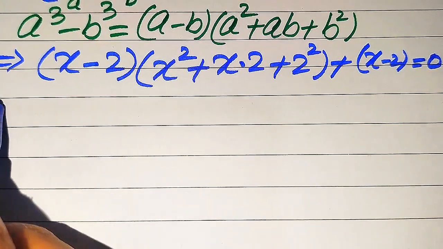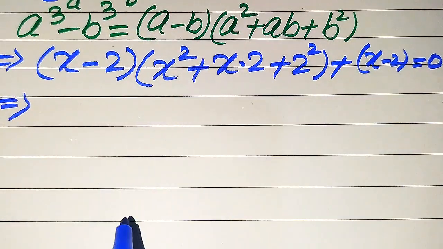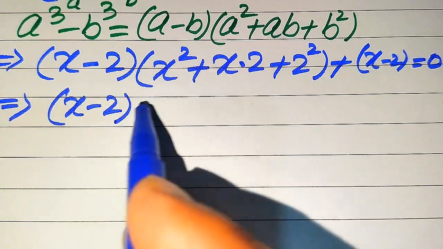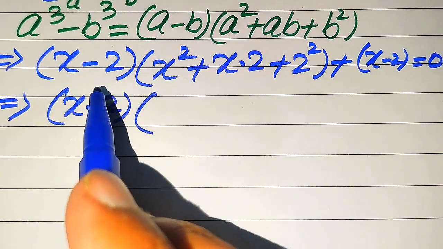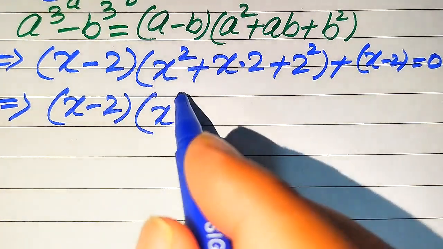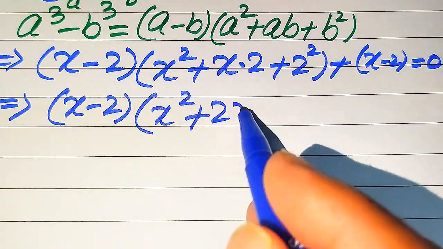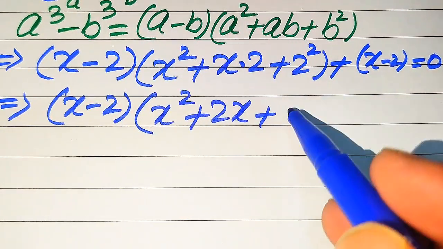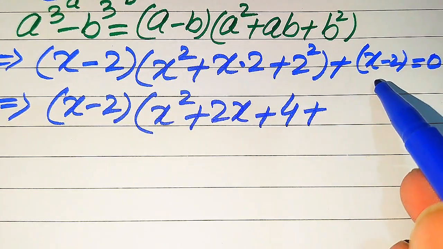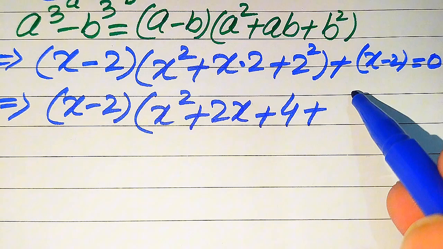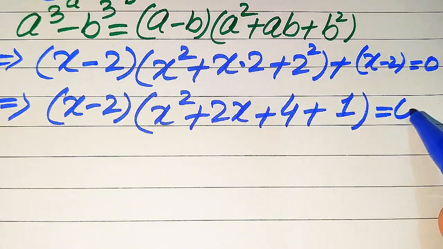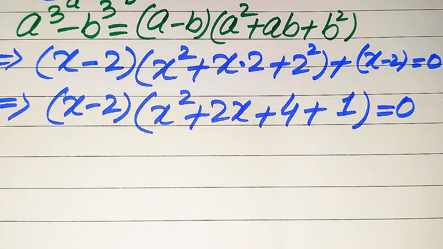And now you see both of these terms involve x minus 2, so here we take common x minus 2, and when we take common x minus 2 we get the remaining values: x square plus 2x plus 2 square, and 2 square becomes 4, plus x minus 2, and when you take common x minus 2 we get 1, and this whole equation is equal to 0.